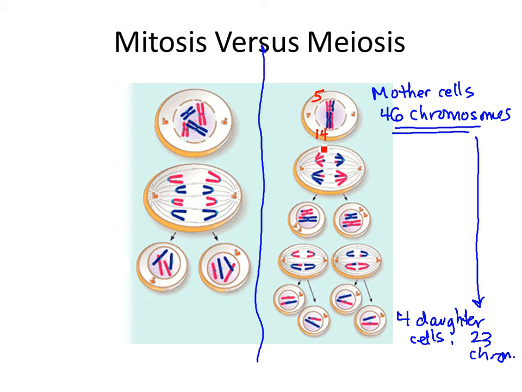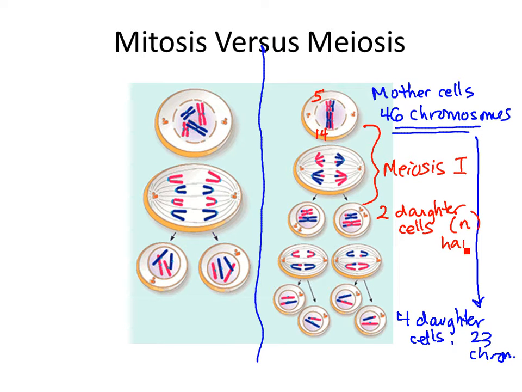So unlike what happens during mitosis, where you're going to wind up with 2 daughter cells, each of which will contain 46 chromosomes, we're first going to do a process called meiosis 1, where the daughter cells will only get 1 copy of each chromosome. Okay, so you end up here with 2 daughter cells that are N, or haploid.